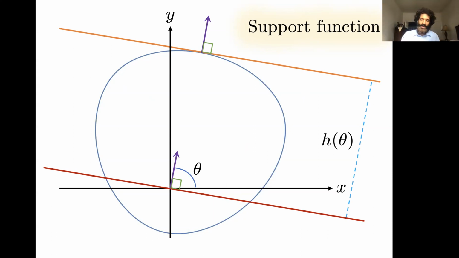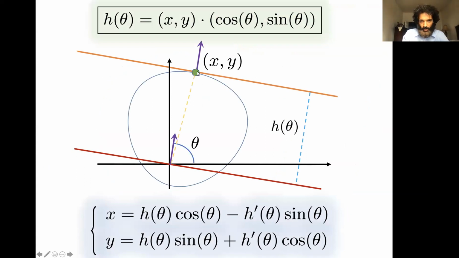Okay, so the first question is, how do I plot the curve? Say I'm given h and I tell you it's the support function of a convex curve. Well, it's not too bad. If x and y are coordinates of this curve, then when I look at the vector from the origin to the point (x, y), its projection in this direction determined by theta is simply h of theta.